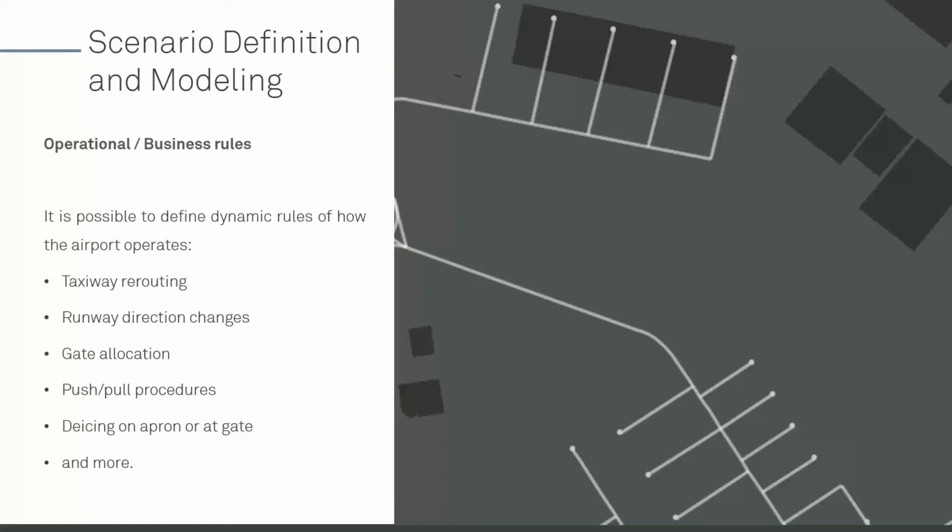So you can specifically say until which point the aircraft would have to be pulled, and what's the engine turn-on policy. Do you want to start turning on the engines while the aircraft is being pulled, or only start turning on engines after the aircraft has reached its pull location? Okay.